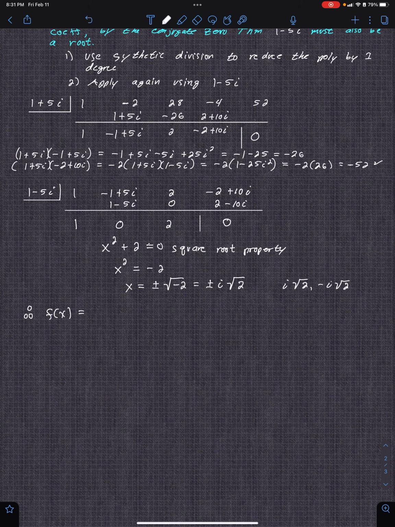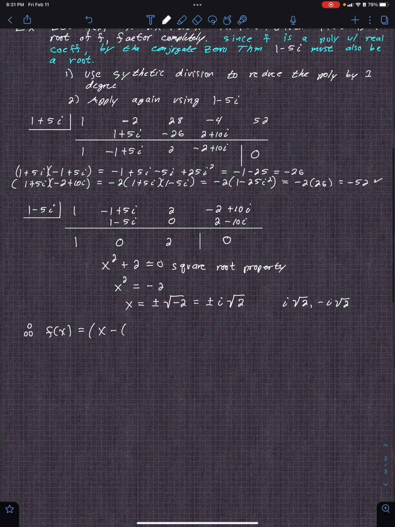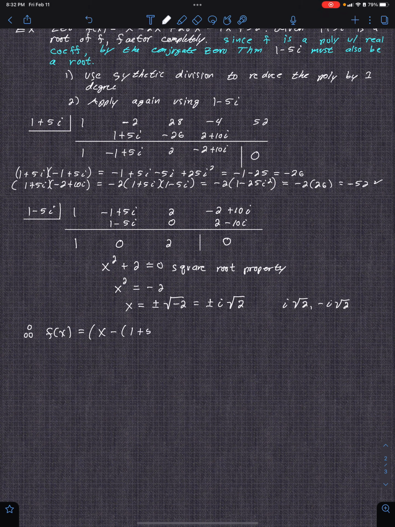So we write x minus, in parentheses, the one that was given, 1 plus 5i, times x minus the other one, 1 minus 5i, times the next two, x minus i root 2, times x minus negative i root 2. You could simplify a bit there, but that's good enough.